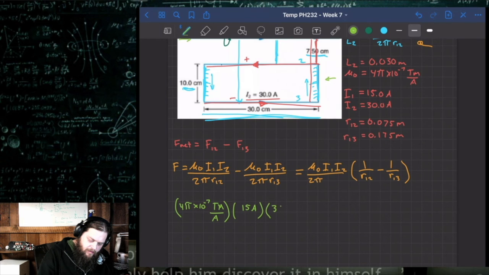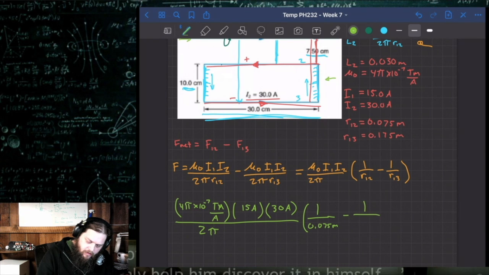Current 2 is 30 amps. I'm going to divide that all by 2 pi, and multiply this by 1 over 0.075 meters minus 1 over 0.175 meters.